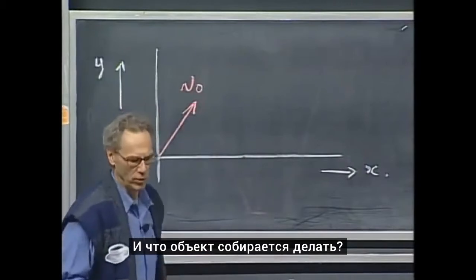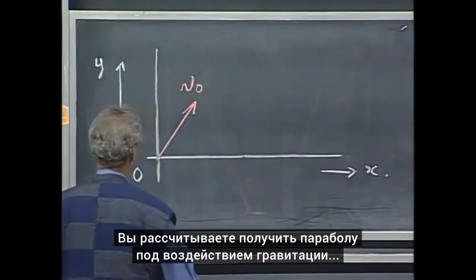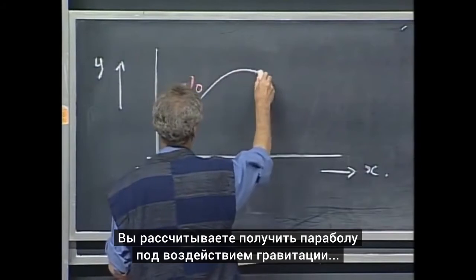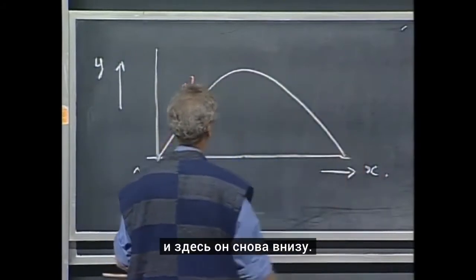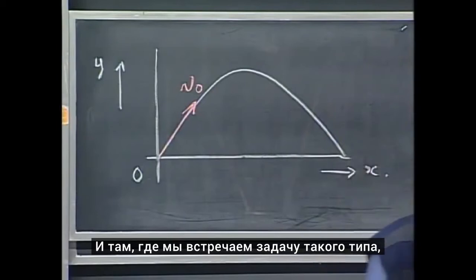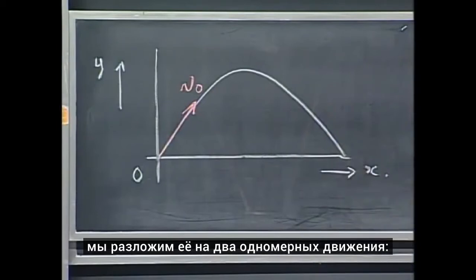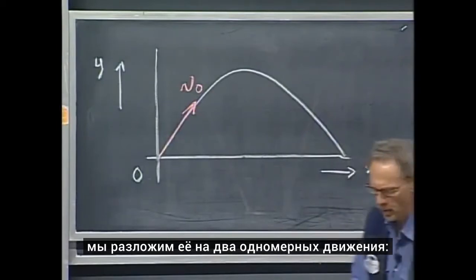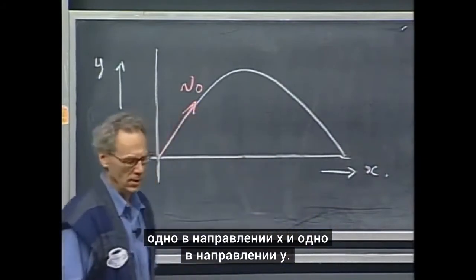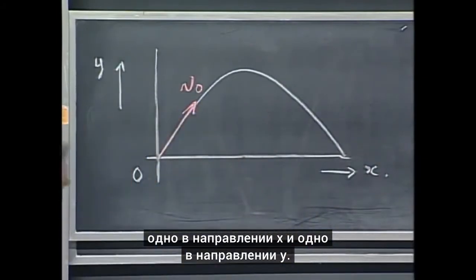And what is the object going to do? You're going to get a parabola under influence of gravity, and it comes down here again. And when we have this kind of a problem, we will decompose it in two one-dimensional motions, one in the x direction and one in the y direction.